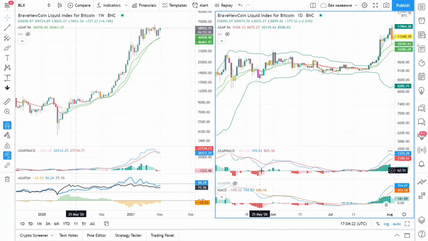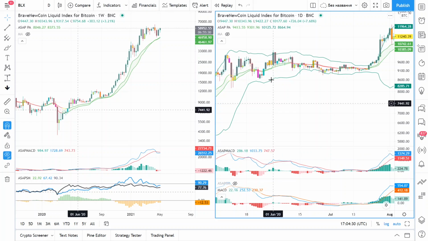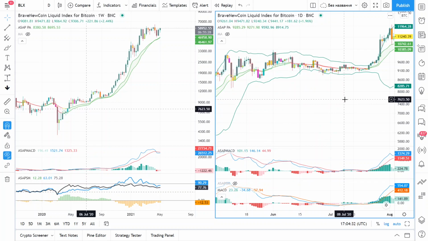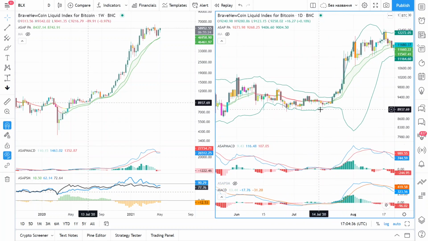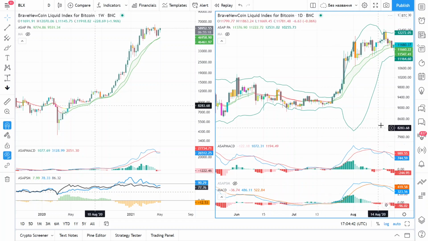Look for it right here. We have a bullish crossover, two positions ahead, two bars ahead. And again, it happens here. We have a bearish crossover before the classic MACD.